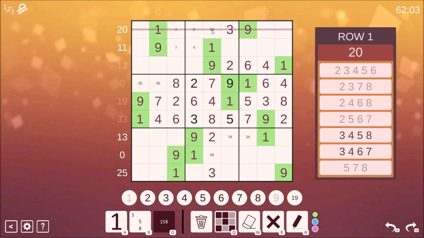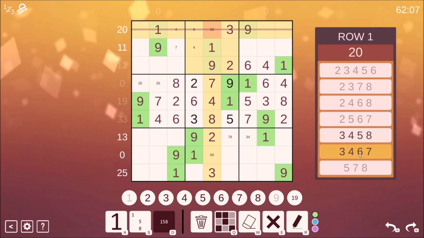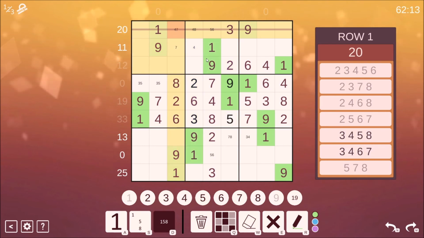Or we would have a 6, a 3, 6, 4, 7, leaving us with 3, 6, 3, 6, 4, 7, with a 3 here and an 8 there.